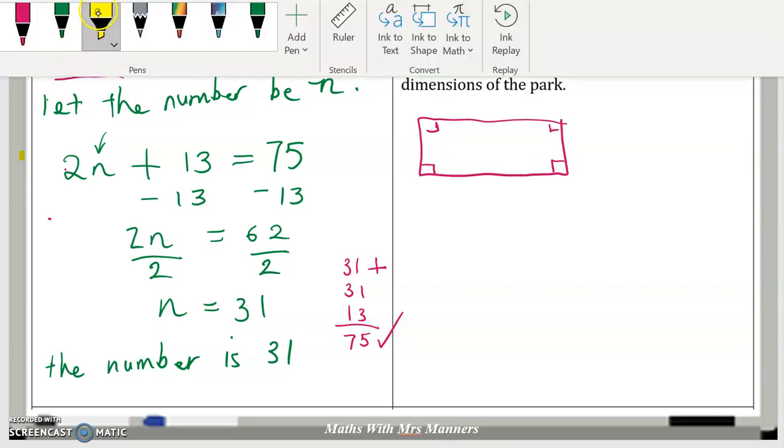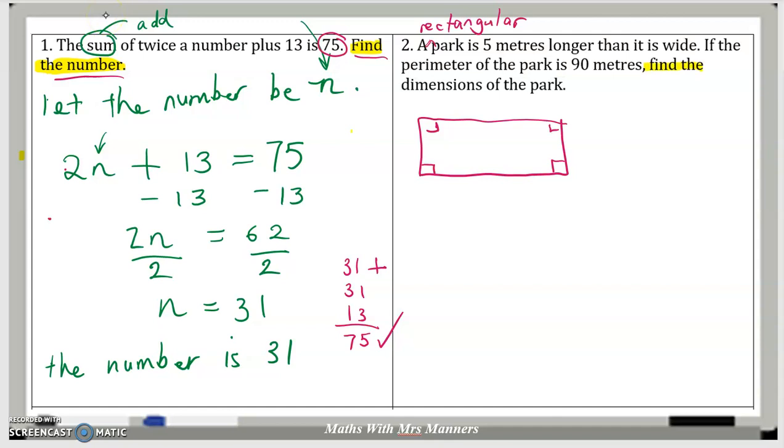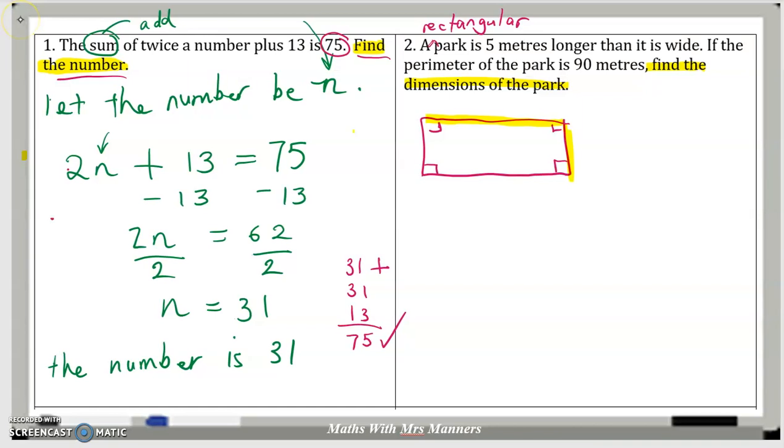So like I said before, your let statement is going to be what you're asked to find. Now, the dimensions is referring to the length and the width of the park. So that's 2 different pronumerals. So I've got a bit of a problem there in that I don't want 2 pronumerals in my equation. I only want 1. But then I've been given this other piece of information, which is the park is 5 meters longer than it is wide.